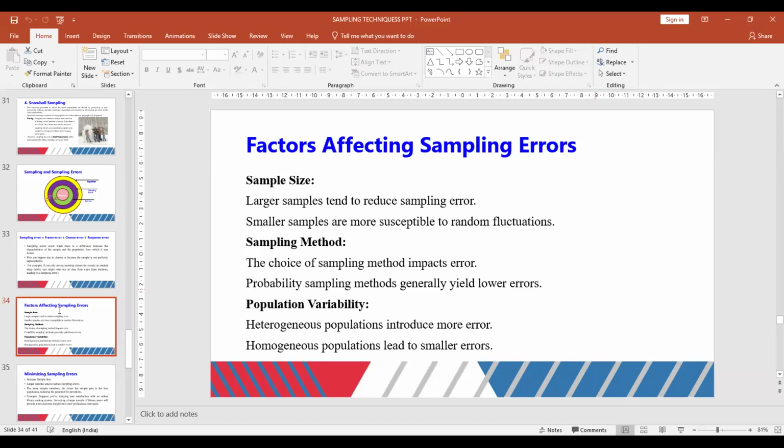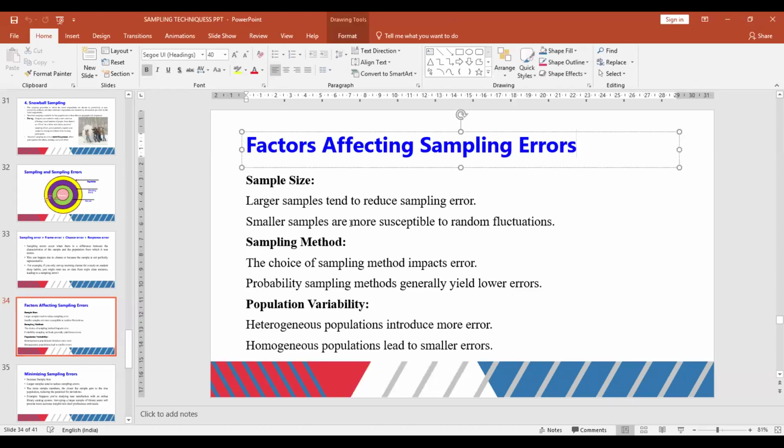This type of sample size should be taken for the study. Next, sampling method. As I discussed about the sampling methods, both probability and non-probability, if you choose a probability sampling method it generally yields lower error because the chance is equal.